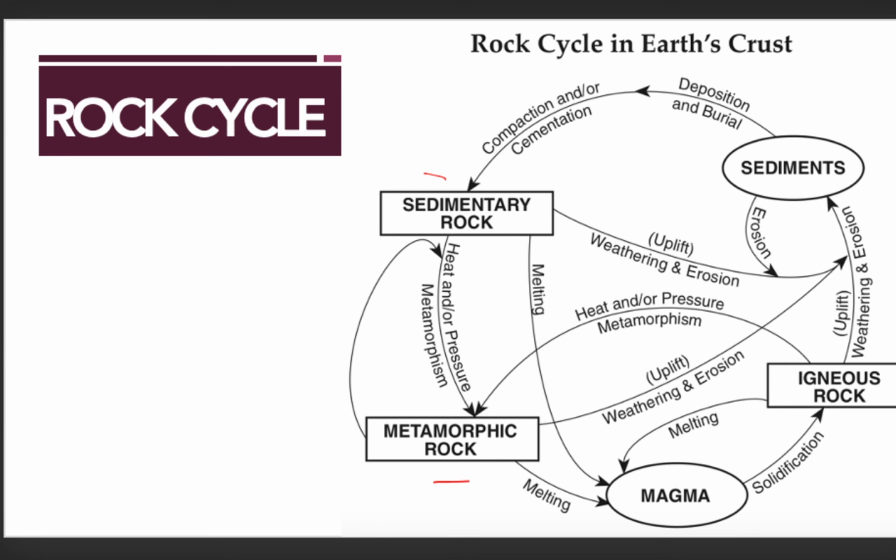It can be transformed into a sedimentary rock, and then the sedimentary rock can be transformed into a metamorphic rock. Or you can have it directly from igneous to metamorphic rock via metamorphism. You can apply heat and or pressure. So igneous can become a metamorphic rock.